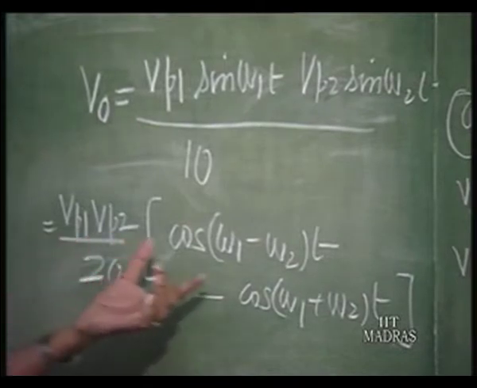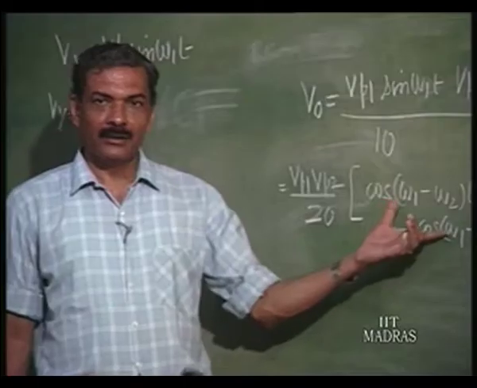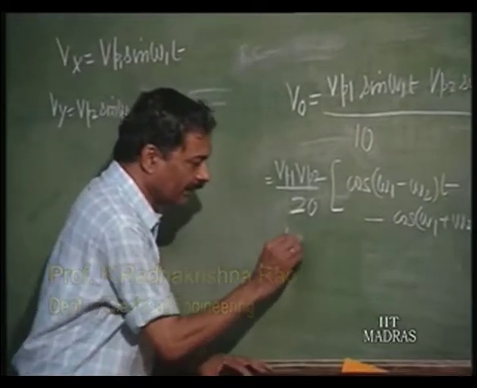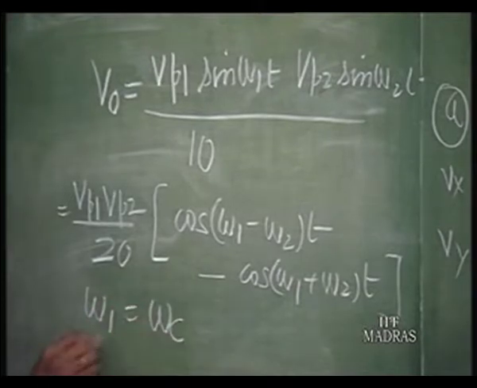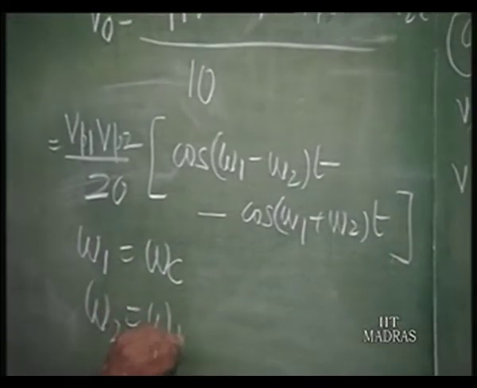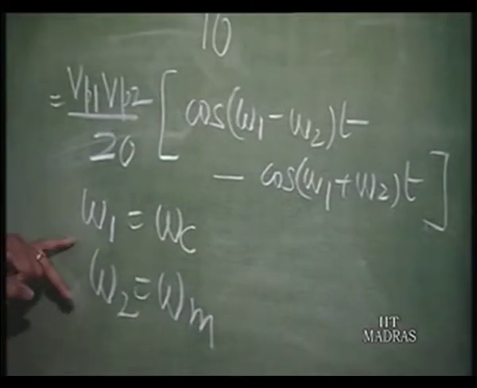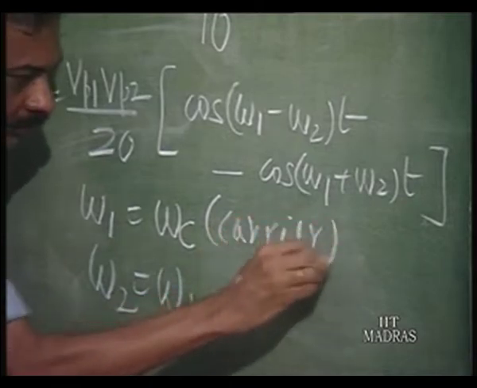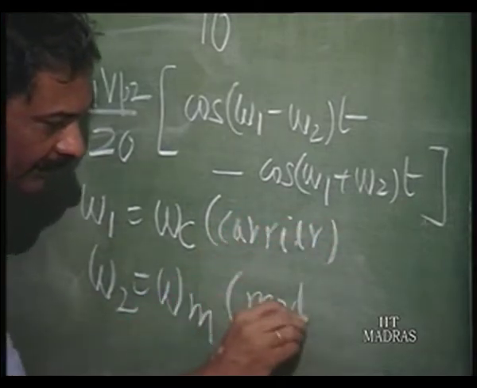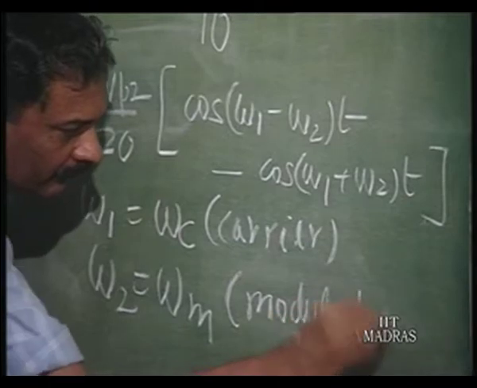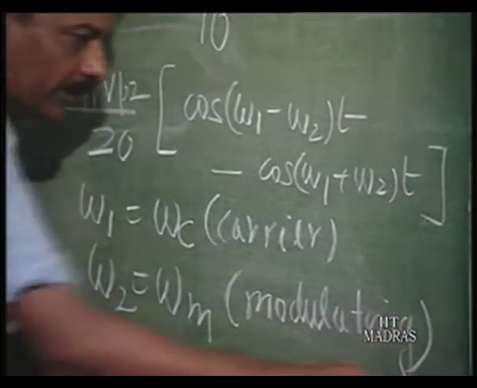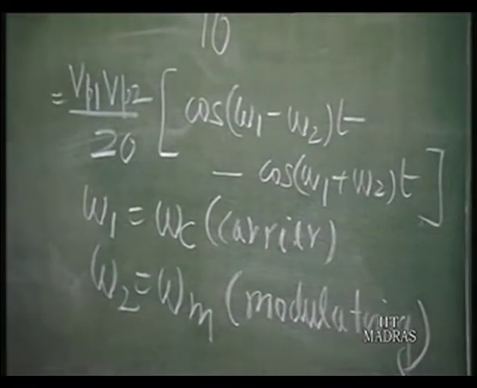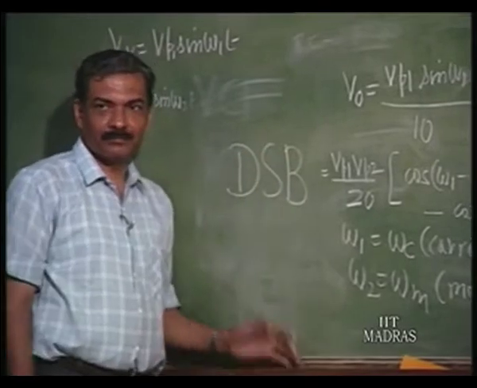So, these are what are called side bands. If omega 1 is the carrier and omega 2 is the modulating frequency, this output communication engineers call as double side band system.